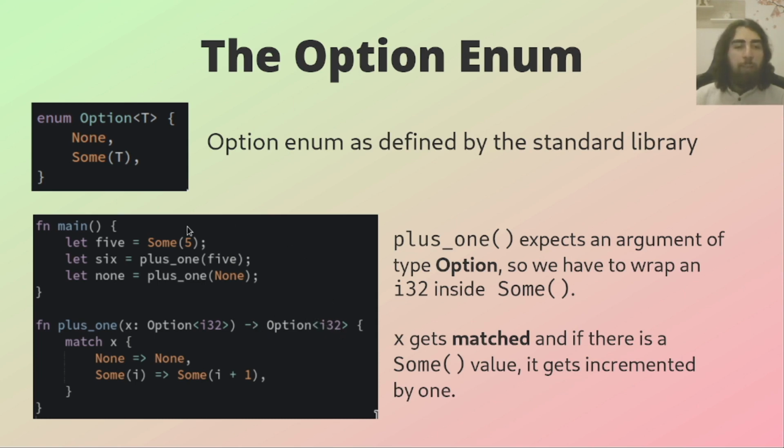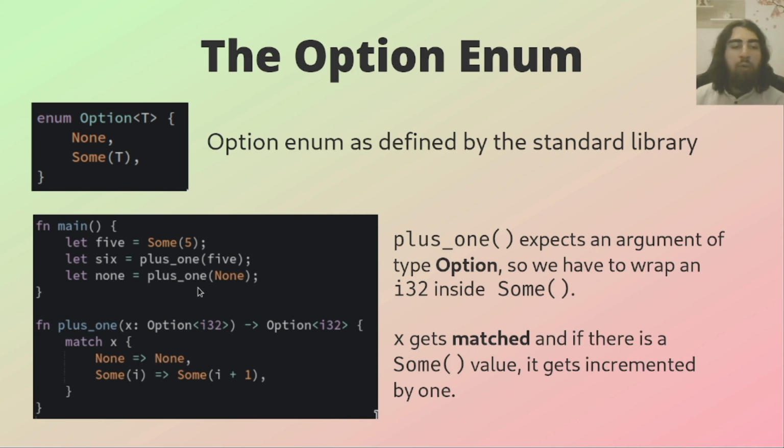And that means that this variable over here will then hold Some(6), right? Because we have incremented 5 over here by 1. So this will hold an Option type, and the concrete value would be Some(6), the Some variant, and a value of 6.